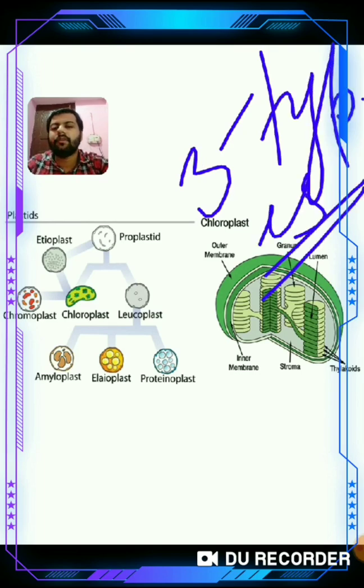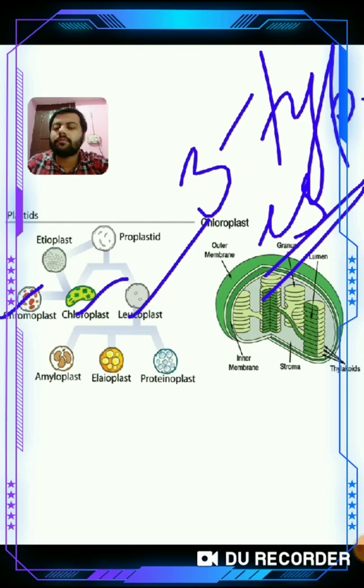Mainly plastids are of three types: chromoplast, chloroplast, and leucoplast. Chromoplast contains all the colors except green.